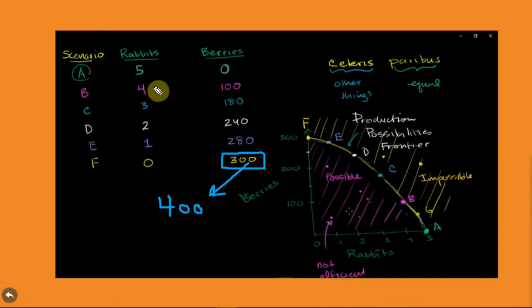Or let's see the other example. If you have spent the whole day just collecting rabbits, you were able to collect, for example, only 5 rabbits per day. Of course, you won't be collecting any berries because you are spending the whole time on those rabbits. But let's say that the population of those rabbits has increased.